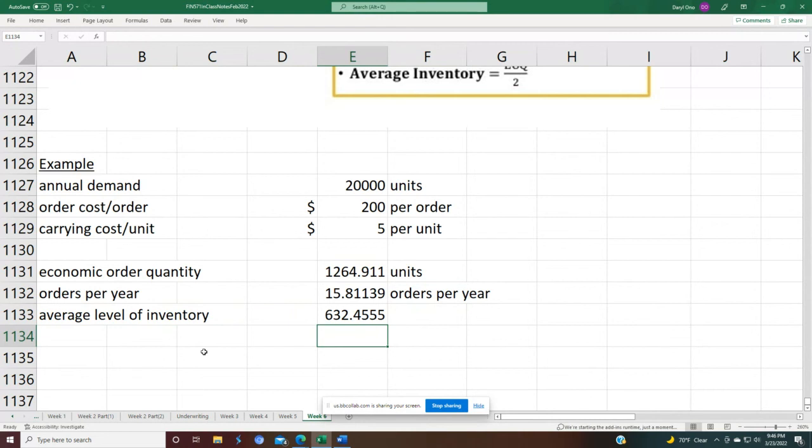All right. What is going to be our total ordering cost?